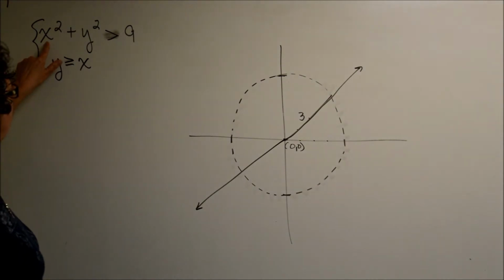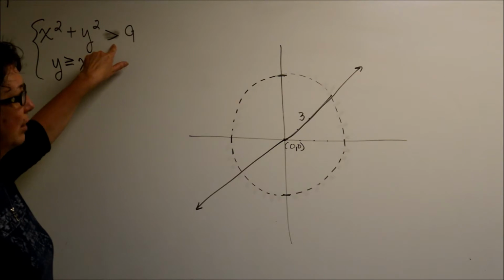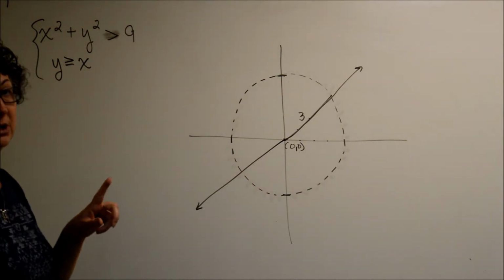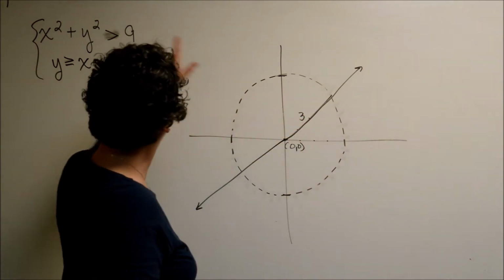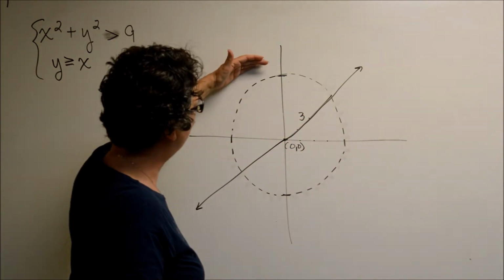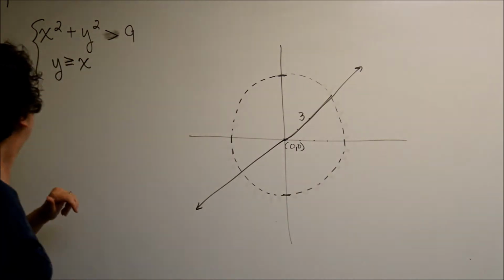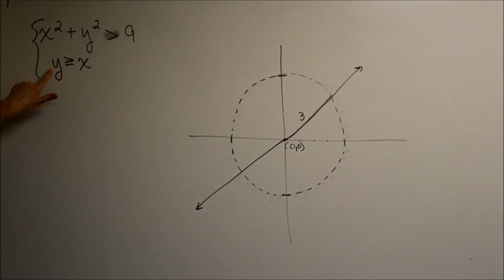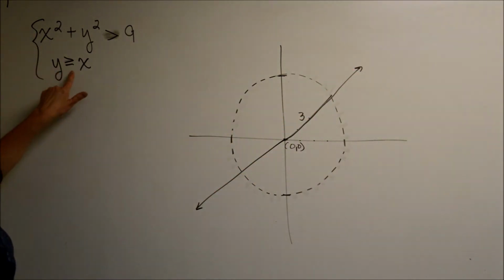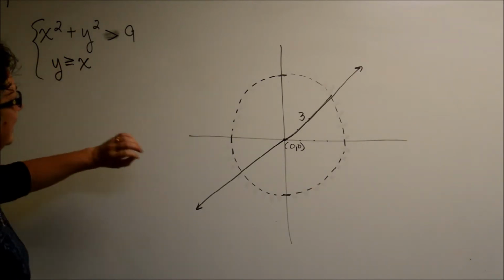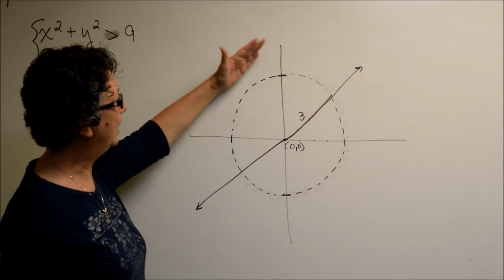So 0 squared plus 0 squared is 0. Is 0 greater than 9? The answer is no. Therefore, it is not the points inside the circle that make this inequality true. It's the points outside the circle. And now, y has to be greater than or equal to x. The points on the line are where y is equal to x. So the points where y is greater than x would be the points above the line.